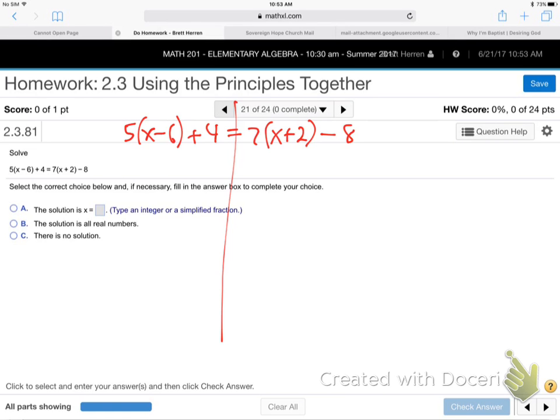Distribute. So distribute: 5x minus 30, and 7x plus 14. Keep going.